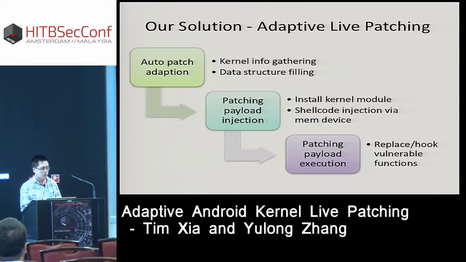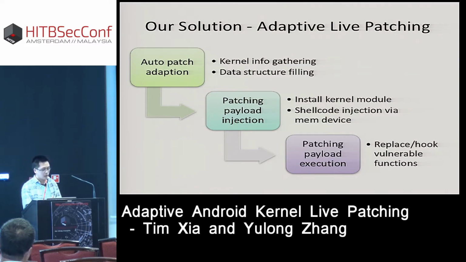Here comes our solution. We have 3 steps. The first step is we need to gather some kernel information like symbol addresses and CRCs, and also we need to change a little bit about some data structures, to make sure it will fit every different kernel. The second step is to patch the payload.